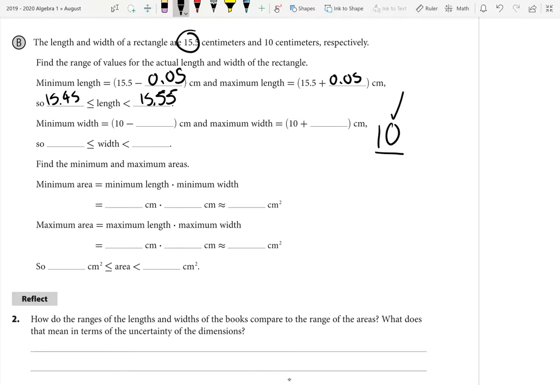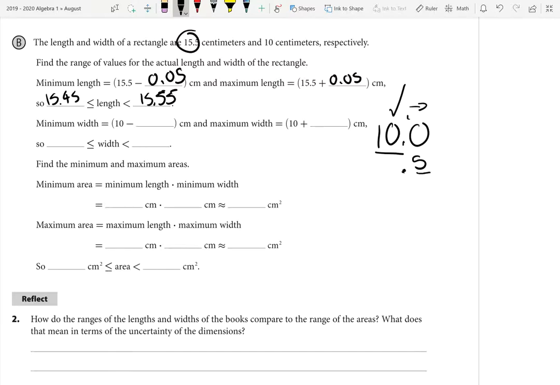So we have to go 1 unit further in to the tenths place to put our 5 that we're going to add and subtract. So it's not where the last significant digit is in this case. It's where the last digit is, period. The last digit in 10 is in the ones place, so 1 place further over will be the tenths place, that 1 decimal place over.